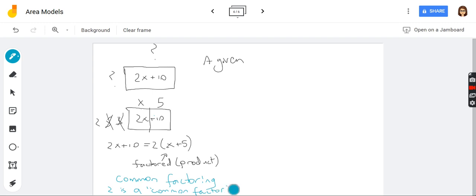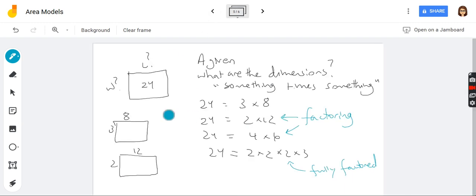So what we've done is we've taken the concept of multiplication and gone backwards. Actually, at this point, I'm going to go back to the one over here. We want the product to be 24. If you said I'm going to make the width a 3, how would you get the second number?